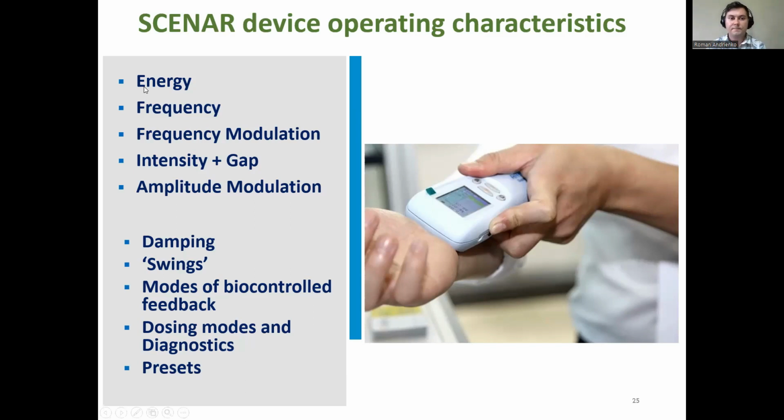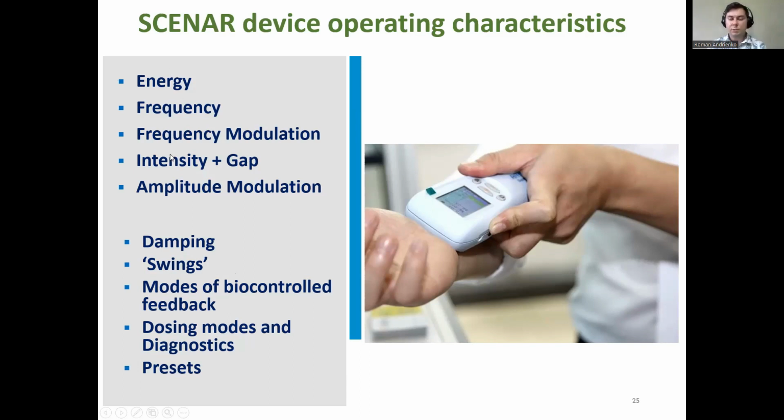They are: energy, frequency, modulation, intensity, gap, amplitude modulation, damping modes, swing modes, dosing modes, modes of biocontrolled feedback, and the presets, which are also partially presets with biocontrolled feedback. We'll try to cover everything today.